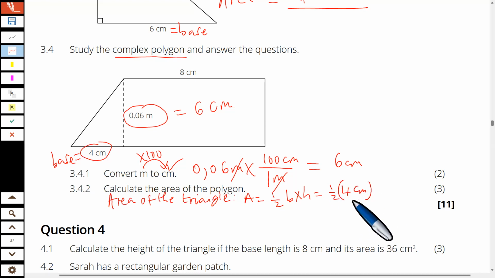The height, 6. So the area is exactly 12 centimeters squared, the area of the triangle. Then you also have, so this one is a triangle.